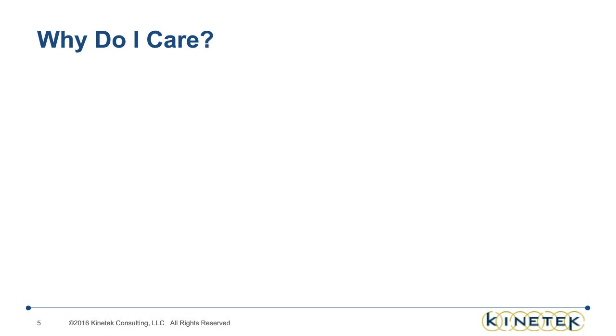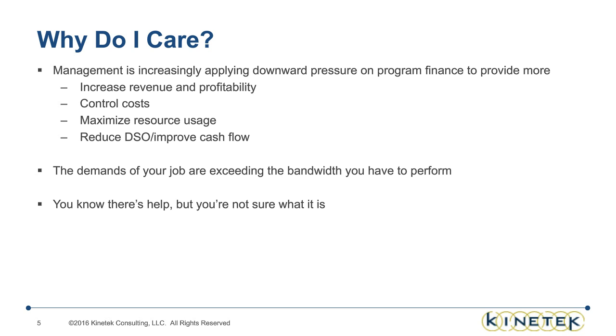So why do I care about any of this stuff? Well, I care for a couple of reasons. We care because management, and particularly the CFO, is applying downward pressure on program finance to provide more, to help maximize revenues and improve profitability by controlling costs, by maximizing resource utilization, and reducing DSO, which in turn should lead to improved cash flow.